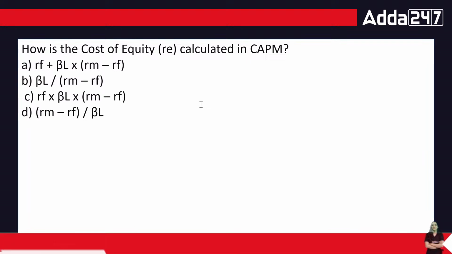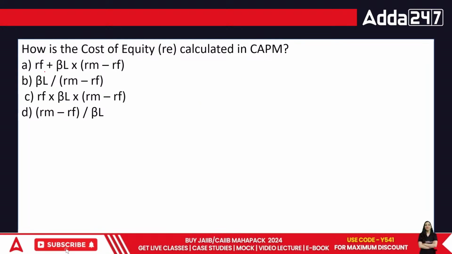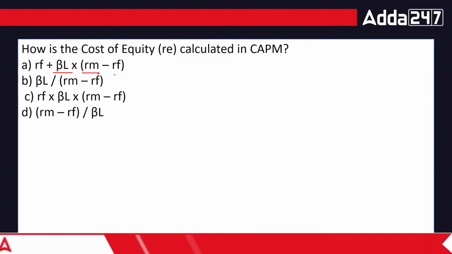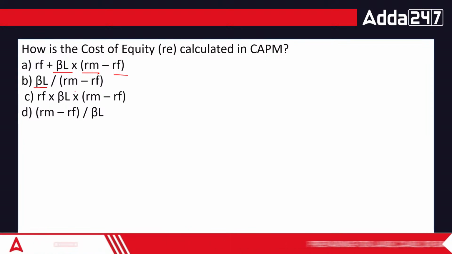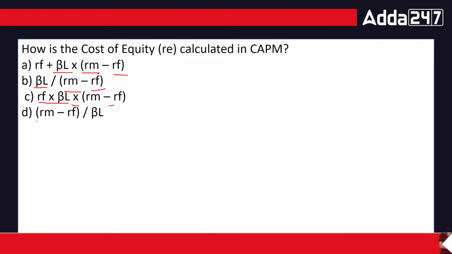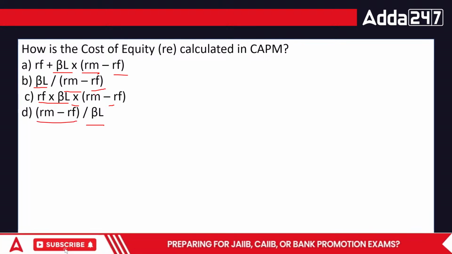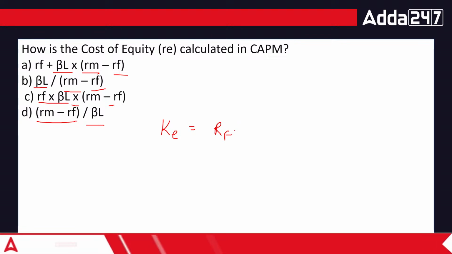Let's look at the question. The cost of equity is the risk-free rate of return plus beta multiplied by RM minus RF. Or beta into leverage, beta of the particular portfolio, RM minus RF; or multiply all of these; or RM minus RF into beta. In this case, the answer would be what? First of all, when you're trying to find the cost of equity, it is based upon the risk-free rate of return.